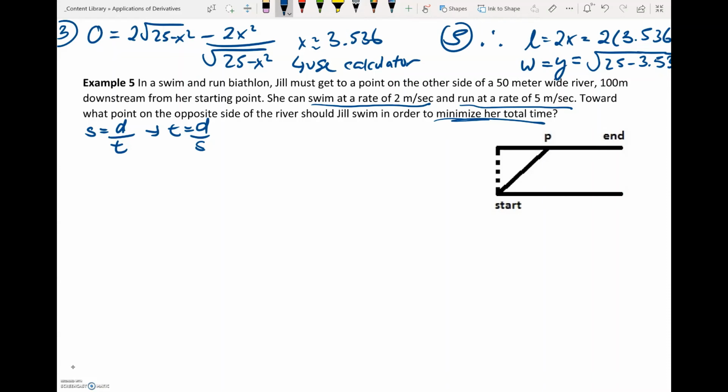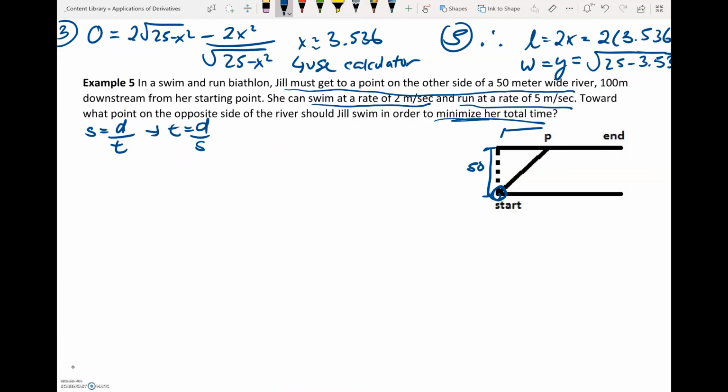We know that Jill must get to a point on the other side of a 50-meter wide river. So the river is 50 meters wide. We're going to draw that into our picture. That's the width of the river. We also know 100 meters downstream from her starting point. So this is her starting point here, and this is going to be 100 meters downstream from her starting point.